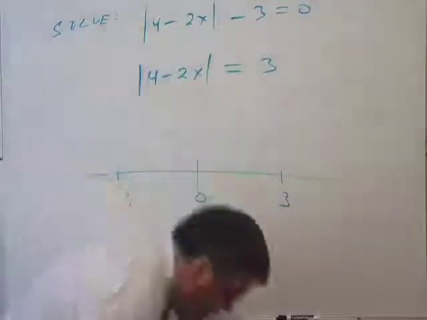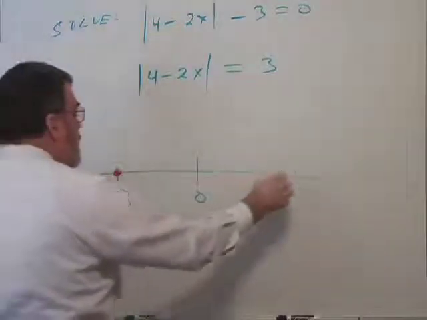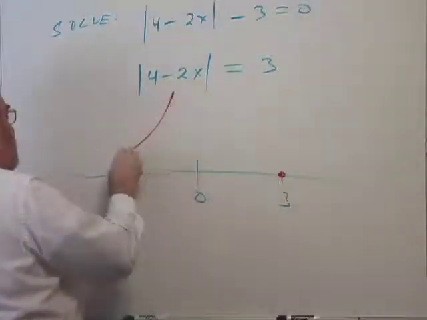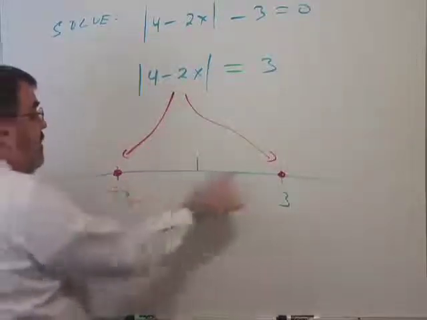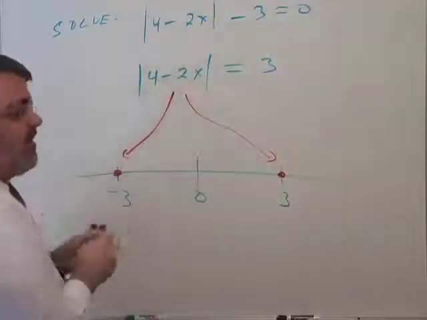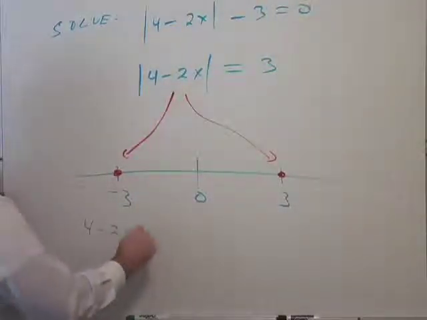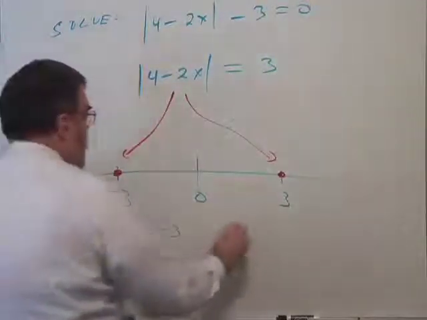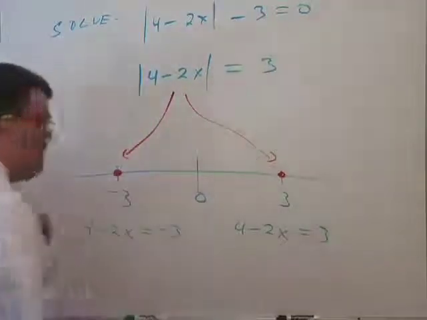In other words, 4 minus 2x is both negative 3 and positive 3. That sets up two equations. So I have 4 minus 2x is negative 3, and 4 minus 2x is positive 3.